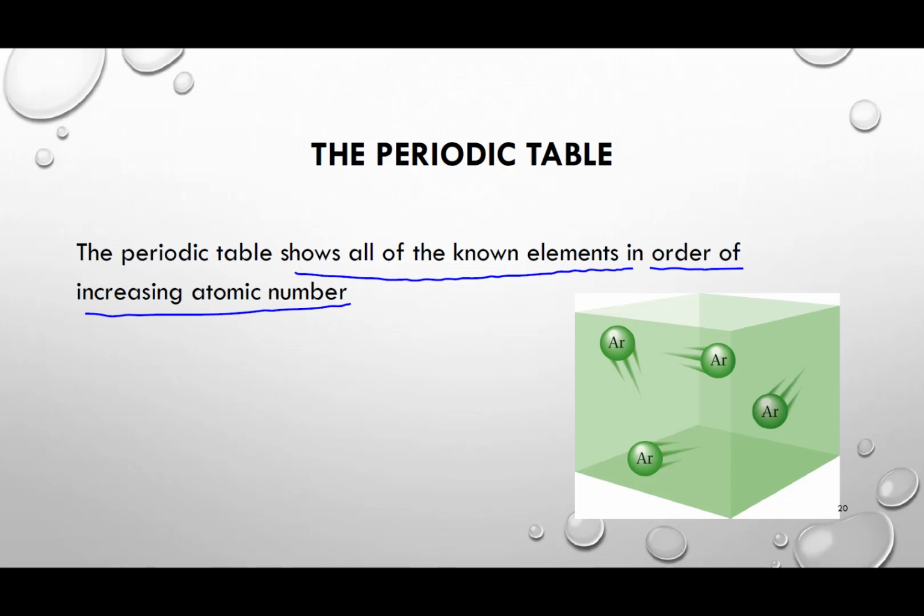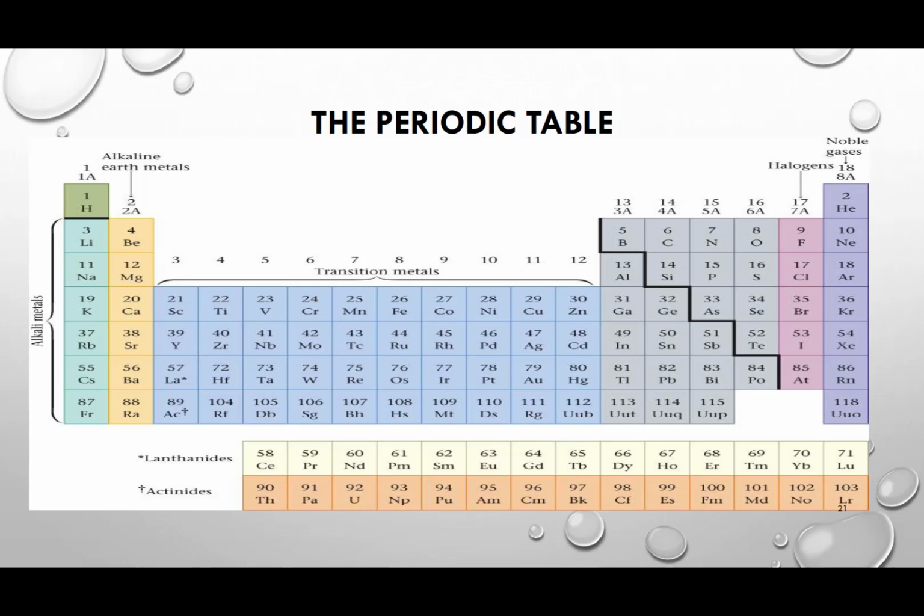Okay. This is a typical periodic table, which I got from your textbook. What I mean is the periodic table is based on the increasing atomic number.